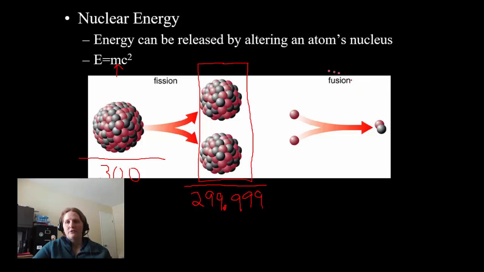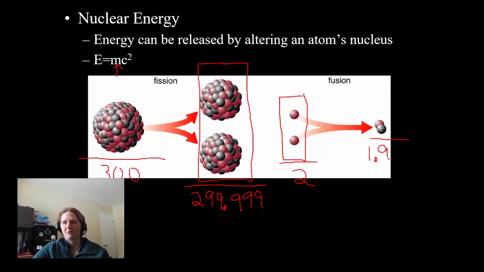So you could do the same thing for fusion. You weigh all of the before products. Let's say, make up a number, it weighs 2. And you capture everything it turns into, and you weigh everything it turns into. I'm just making up some numbers here to get the point across.